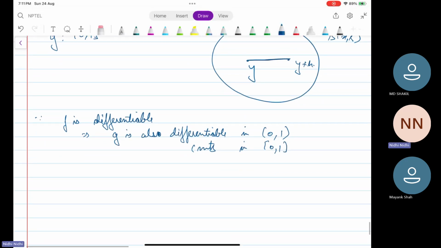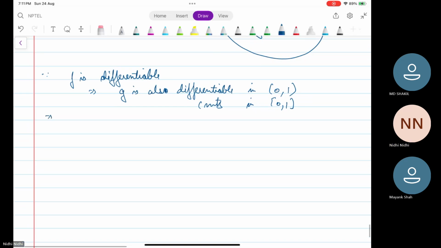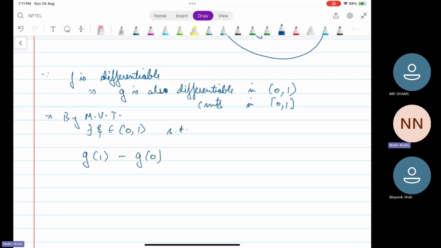So by the mean value theorem, there exists some zeta lying in the open interval 0 to 1 such that (G1 minus G0) by 1 is equal to G dash zeta.